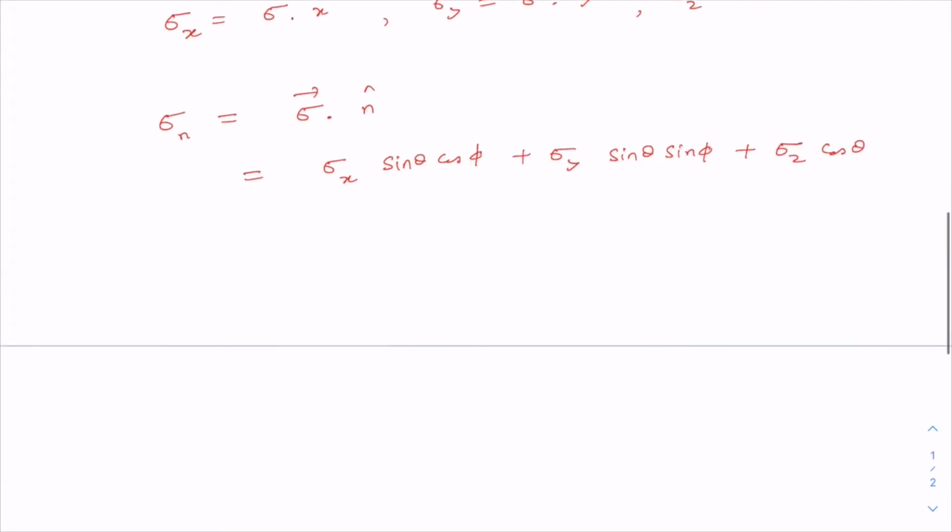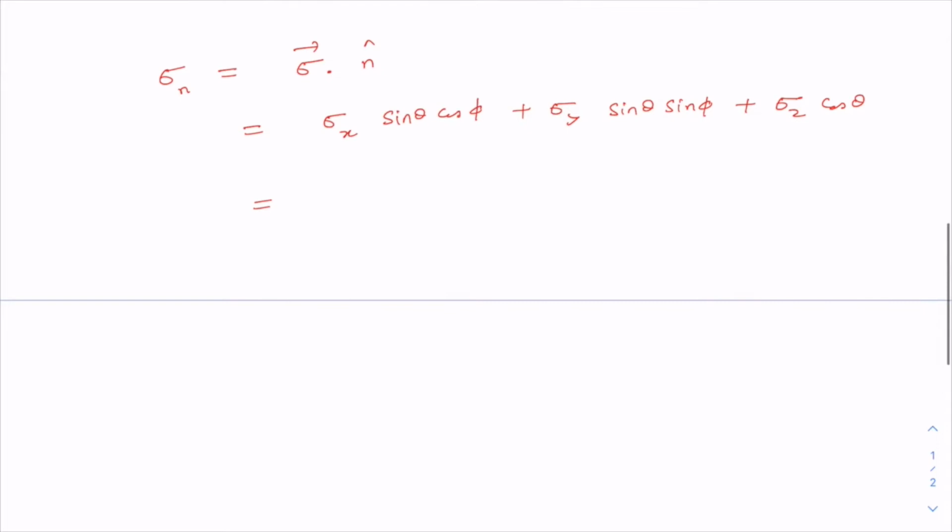Now I know the matrix form of sigma x, sigma y, and sigma z, so I can write the whole thing as a 2 by 2 matrix in this form. I will have cos theta here because of sigma z, and minus cos theta here.